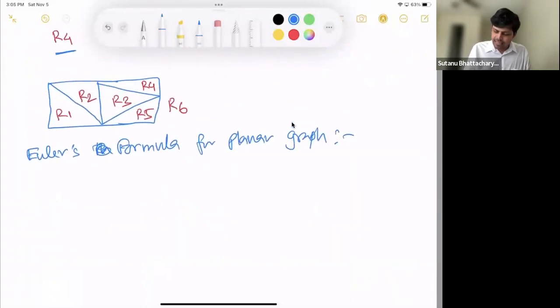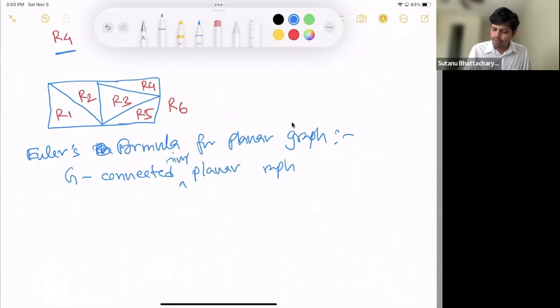It says that G is a connected planar graph. Simple.